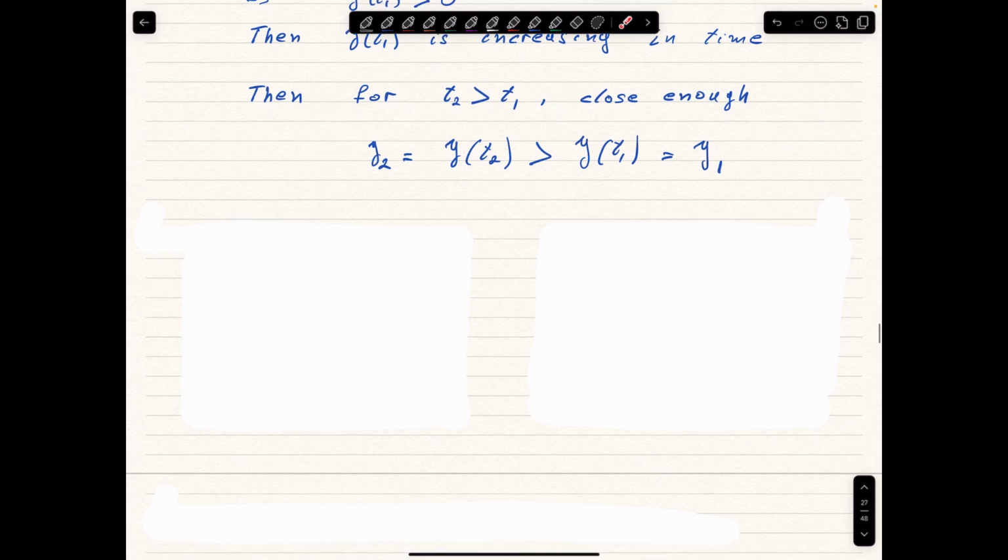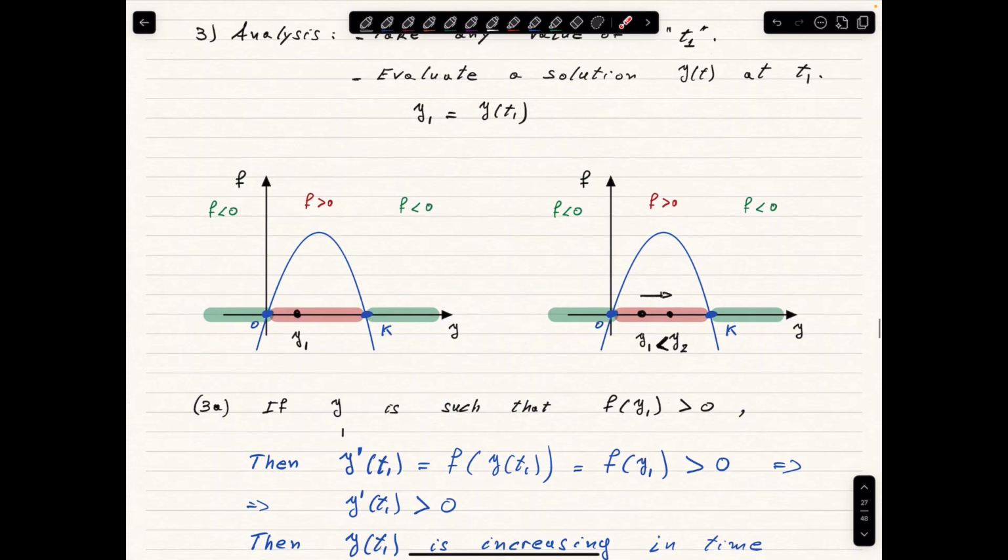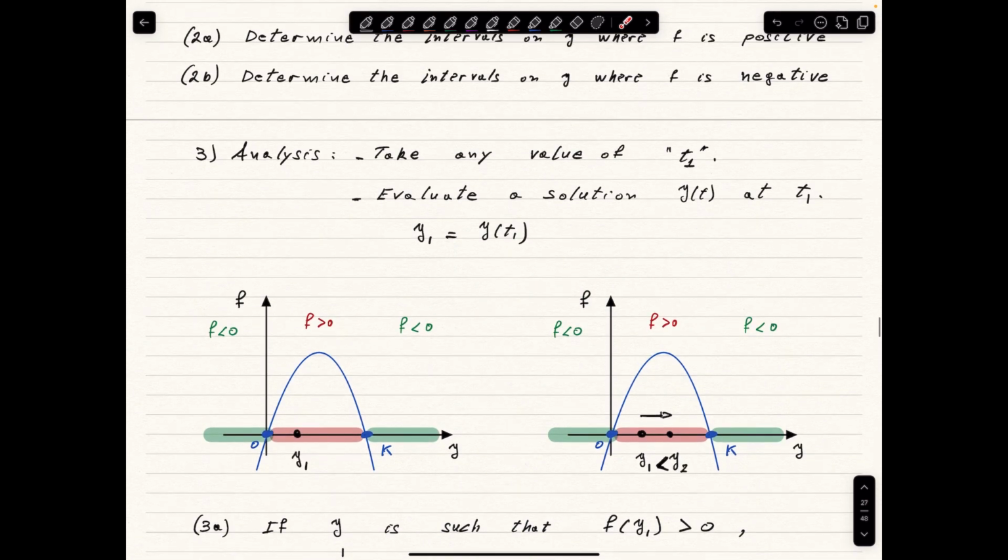Now let's repeat the same analysis, but now suppose that this time t1 that we chose is such that the value of the function at that t1 is not in this region. It's either here or here, suppose, because it has to be in this line. It's either on this segment or in any of these two segments.